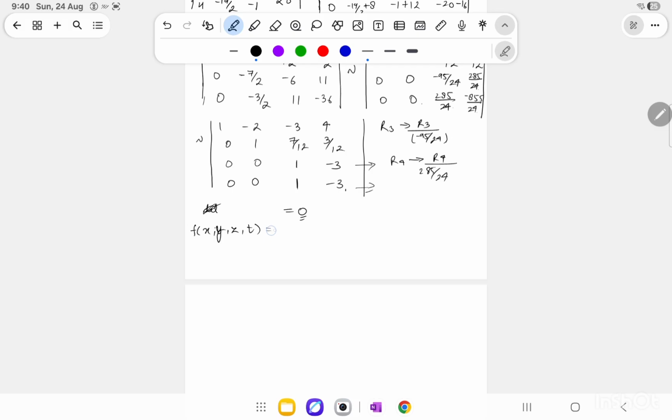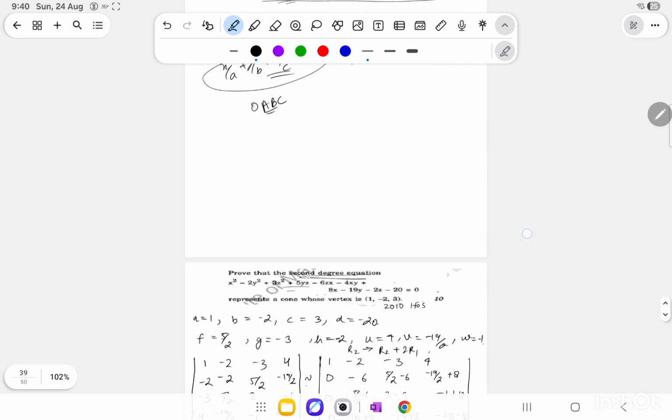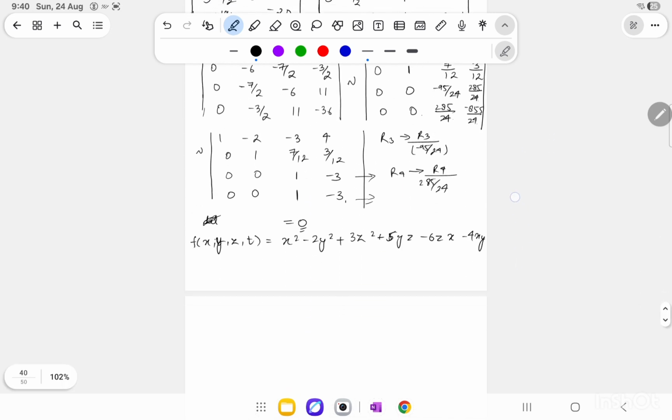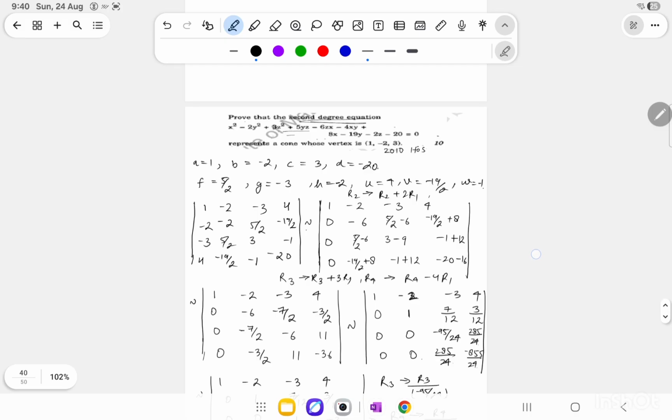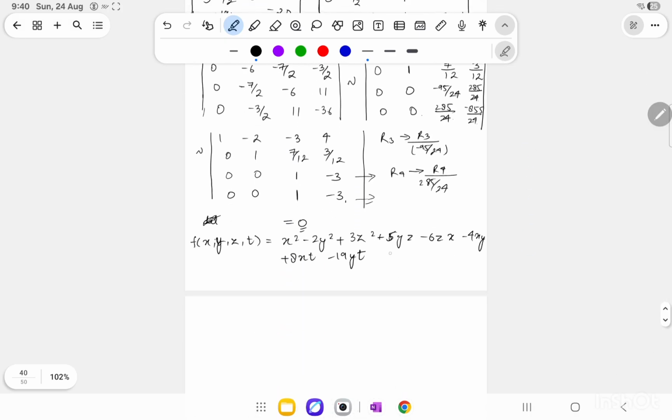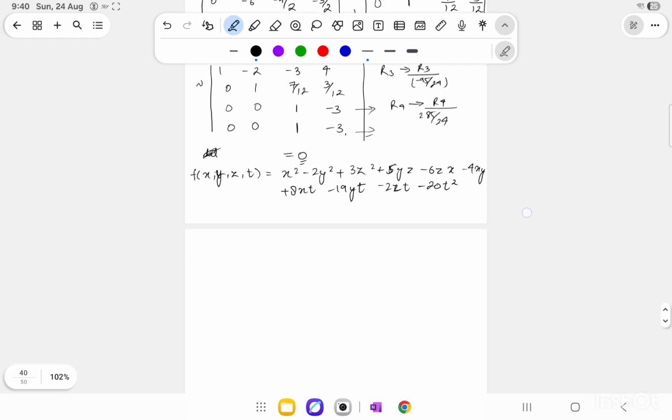So it will be equals to x square minus 2y square plus 3z square plus 5yz minus 6zx minus 4xy plus 8xt minus 19yt minus 2zt minus 20t square. So this is basically a homogeneous equation of the given cone.